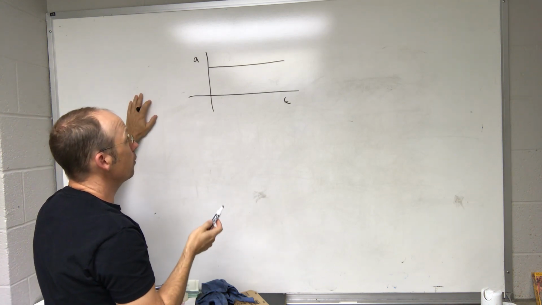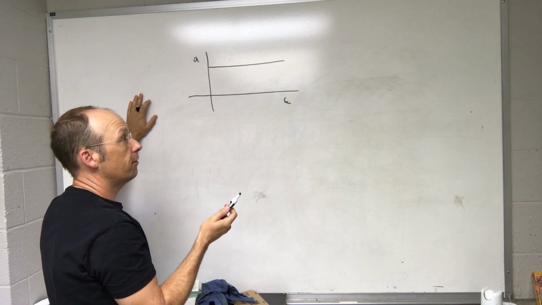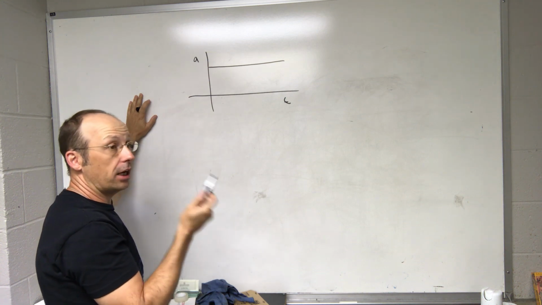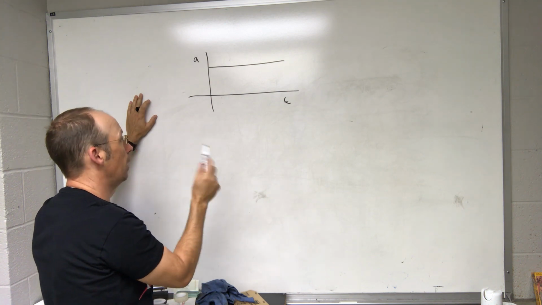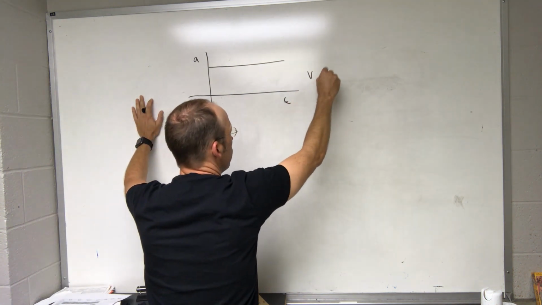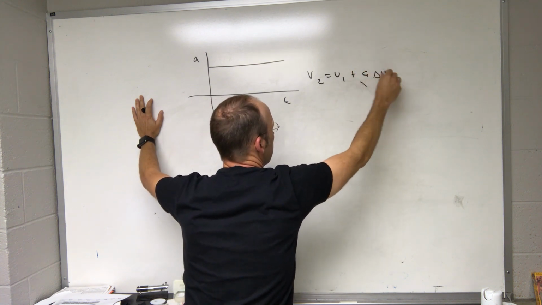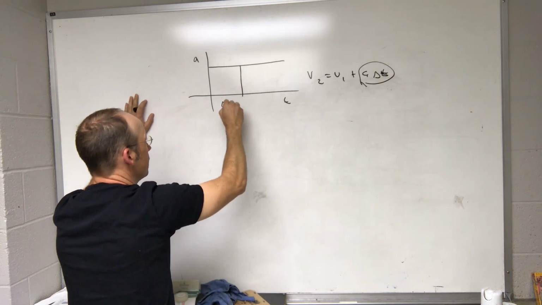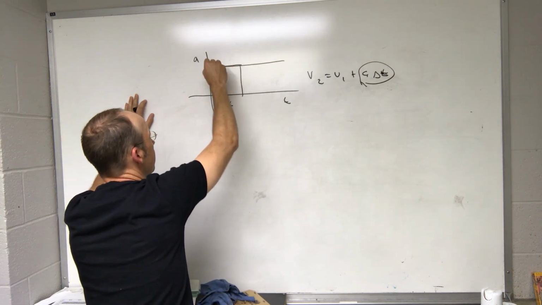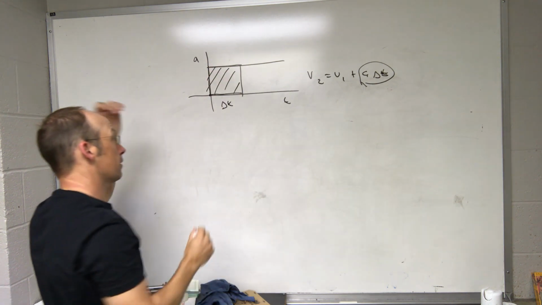If I want to consider what this does to the velocity, since acceleration is the change in velocity, v2 is v1 plus a delta t. This a delta t is important because if this is delta t and this is a, then a delta t is that area.